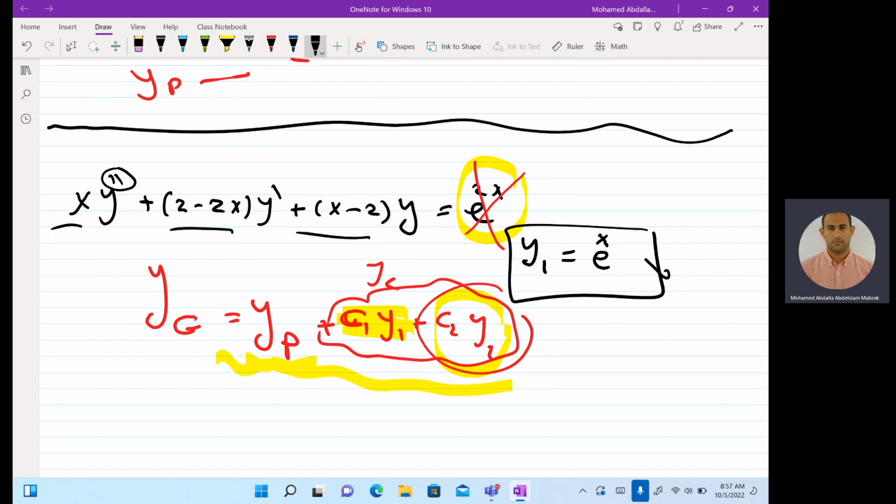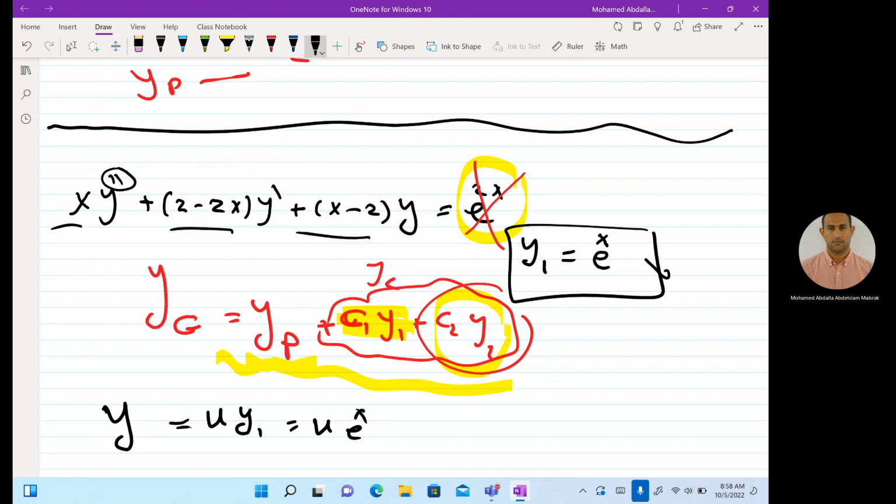So what you should do here is say our Y equals U Y1, which is U e to the power X. That's where this is from, it's the Y1 that he's giving me.